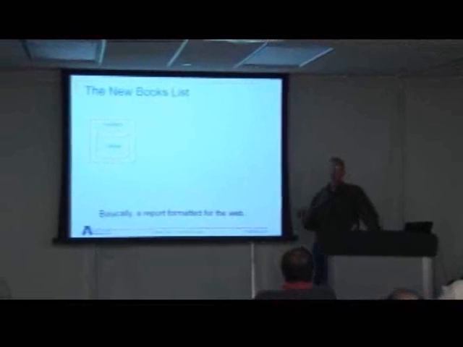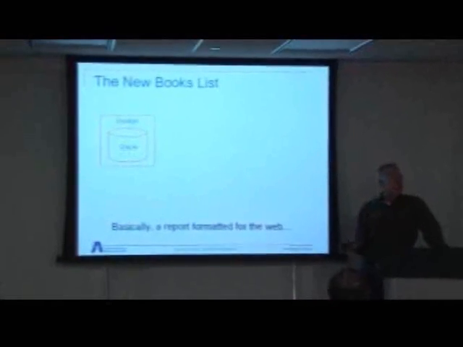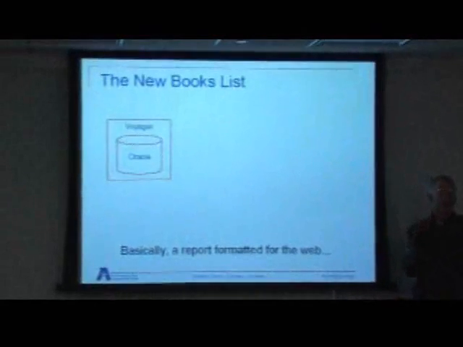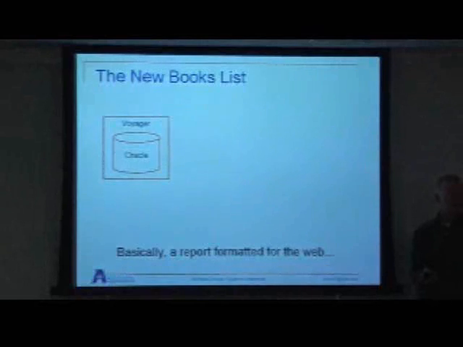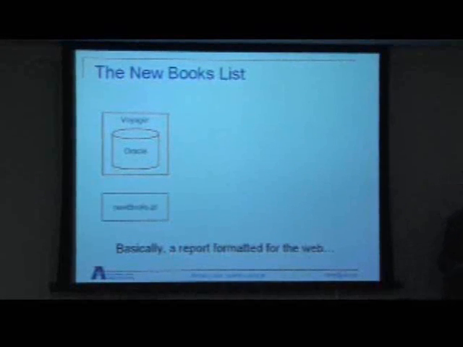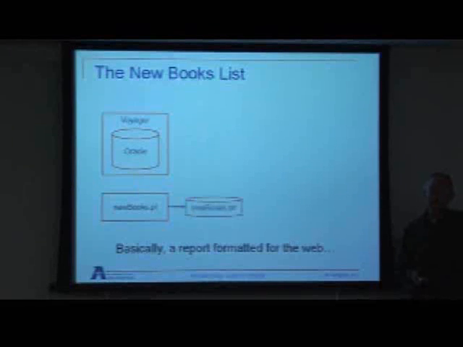In a lot of respects, the new books list is not anything to get excited about at all. It's simply a report against the Voyager database. There's a query script that goes into the database and outputs a flat file of new book items.